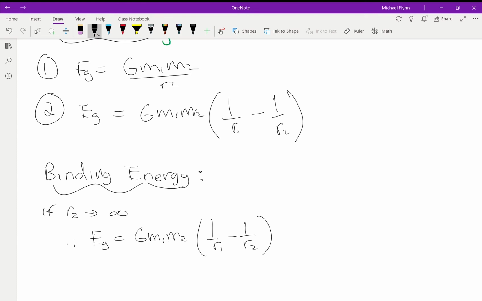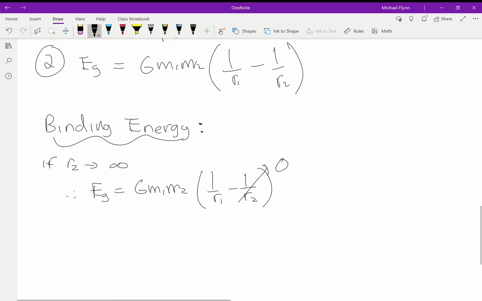Well, that second term is going to approach 0. If R2 approaches infinity, in other words, if you're launching something so far away, such a big number, then 1 over that big number is going to approach 0. And so you just get this.